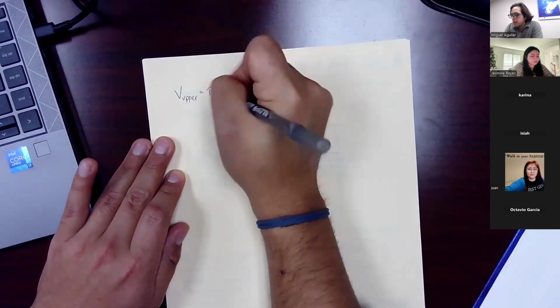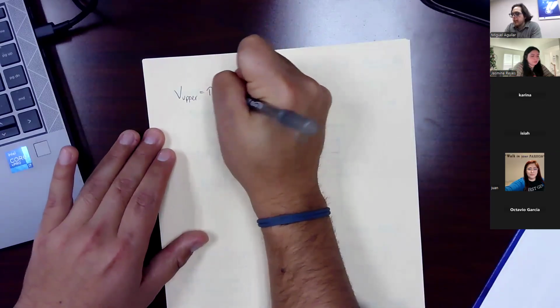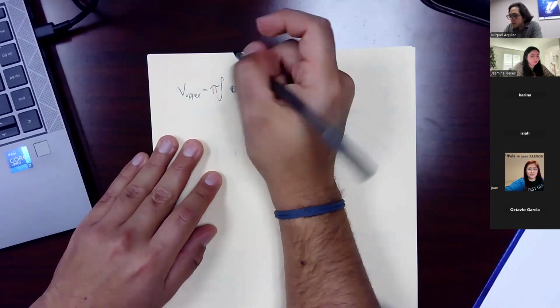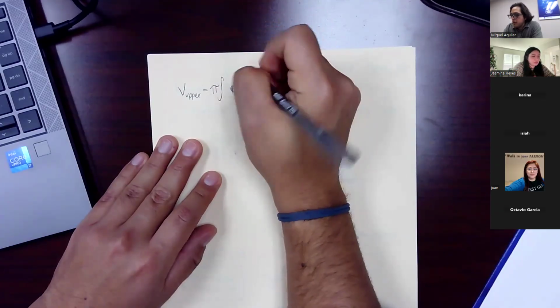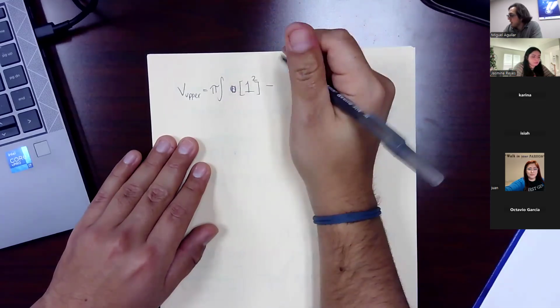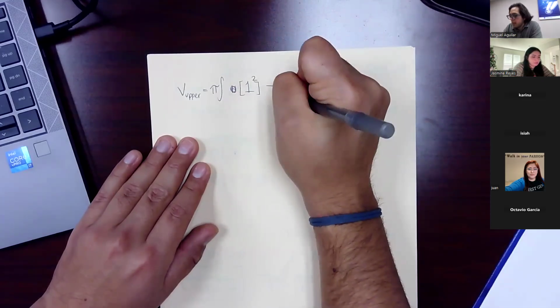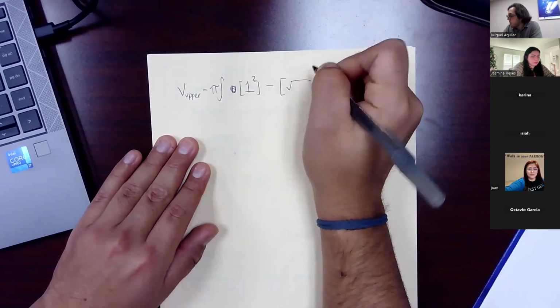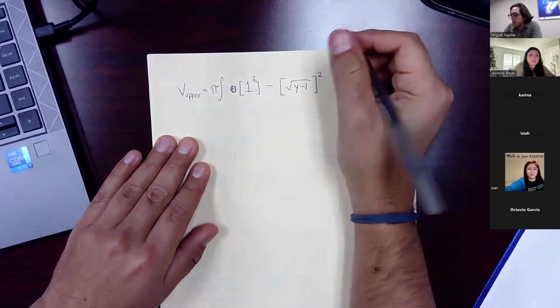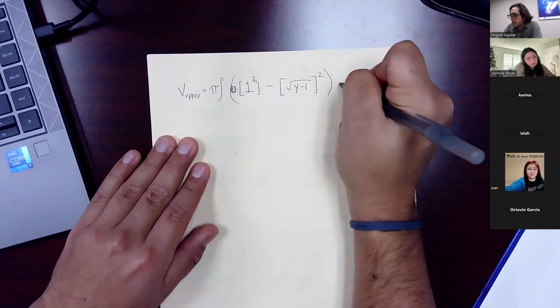The volume of the upper region is equal to pi on the outside, and then it should be the outer function, which is just 1 squared, right? Outer function squared minus the inner function squared. And the inner function we found to be the square root of y minus 1, squared. All of that dy.